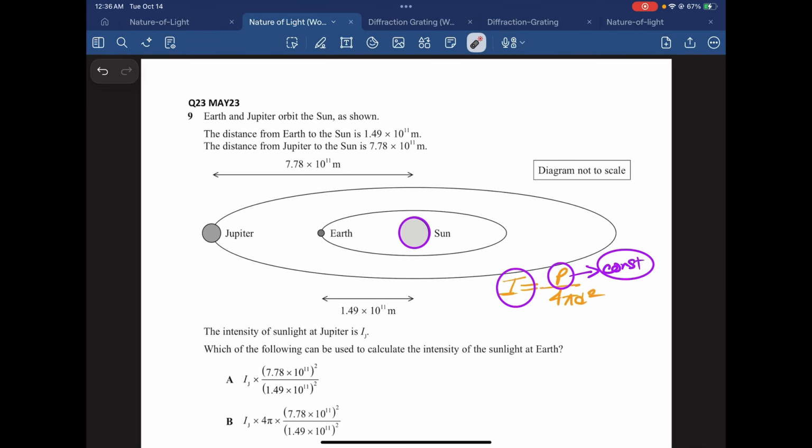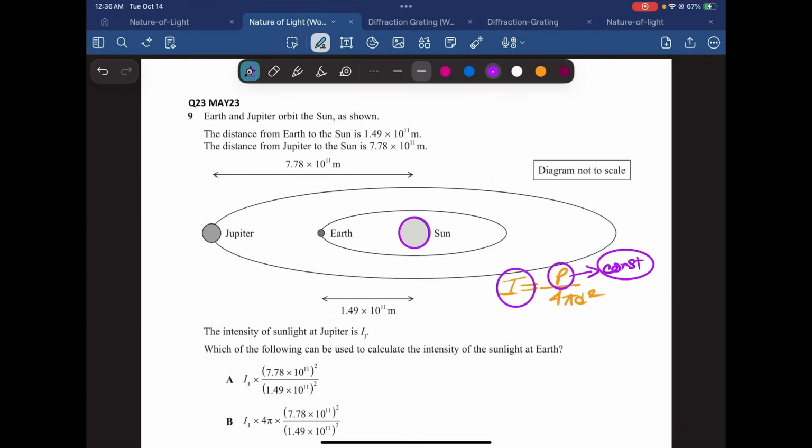Okay, now what we can do is write this down for the intensity of Jupiter. Intensity of Jupiter is equal to power divided by 4 pi into distance of Jupiter squared.